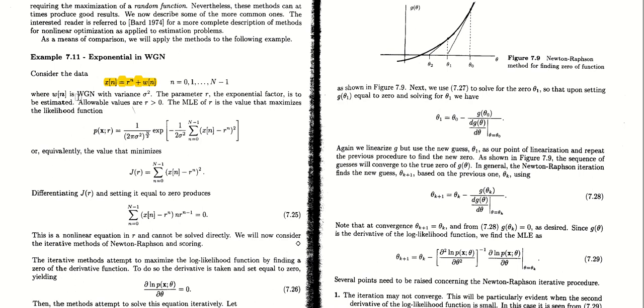Not always increase, but it is R to the power of something. The parameter R, the exponential factor, is to be estimated. Allowable values are R larger than 0. The MLE of R is a value that maximizes the likelihood function.